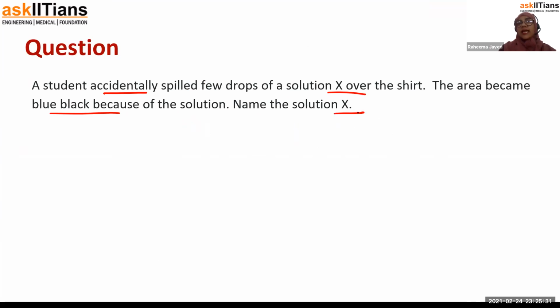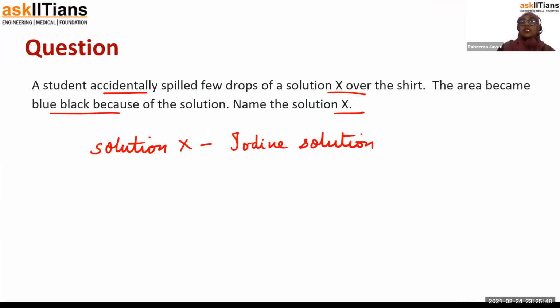Name the solution X. This solution X is iodine solution. You already know that iodine solution gives blue black color when it gets mixed with starch. So it got mixed with the starch of the shirt and it gave blue black color.